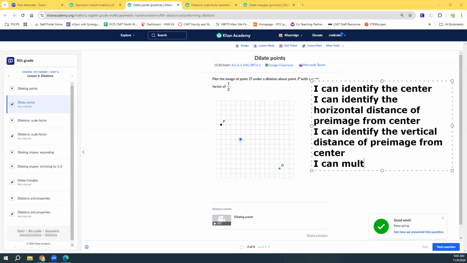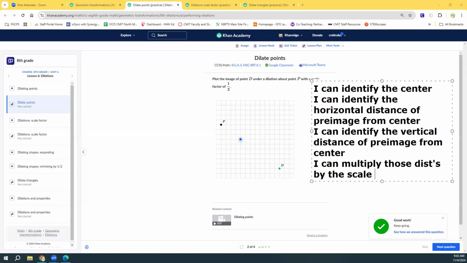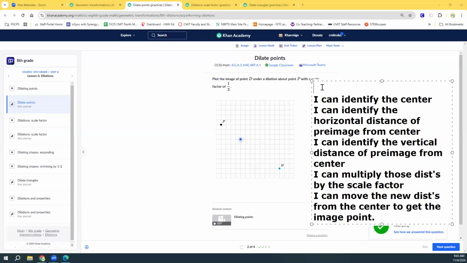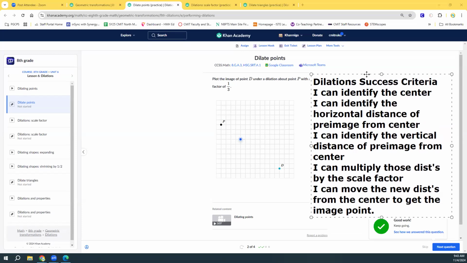Then I can multiply those distances by the scale factor. I can move the new distances from the center to get the image. So this is dilations success criteria. Go ahead, pause the video and make sure that you have all these.